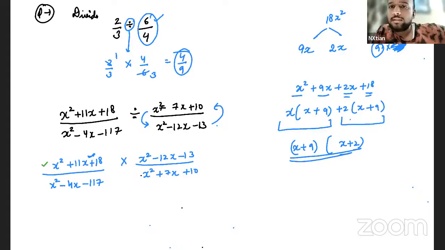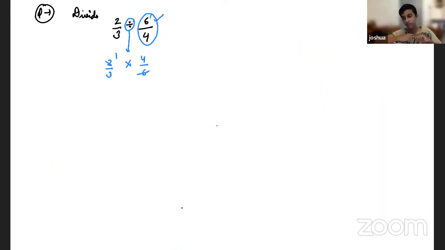Everyone got the answer? Turn on the camera, everyone. You got the factors? Still got some problem? Ask me. Adding the x square minus 4x minus 170.